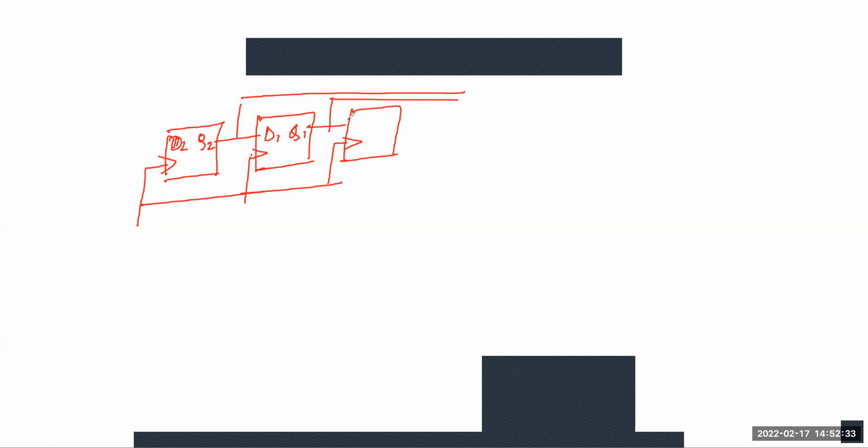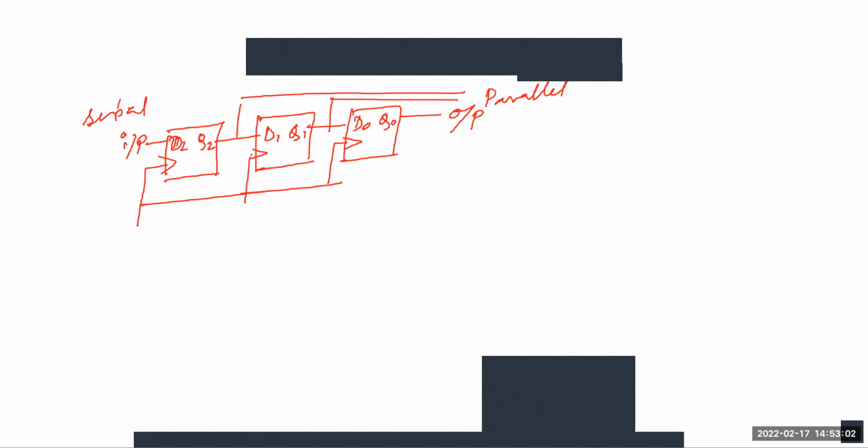This is Q1, and this is D0, Q0. This is the input. This is the parallel output, and this is the serial input.